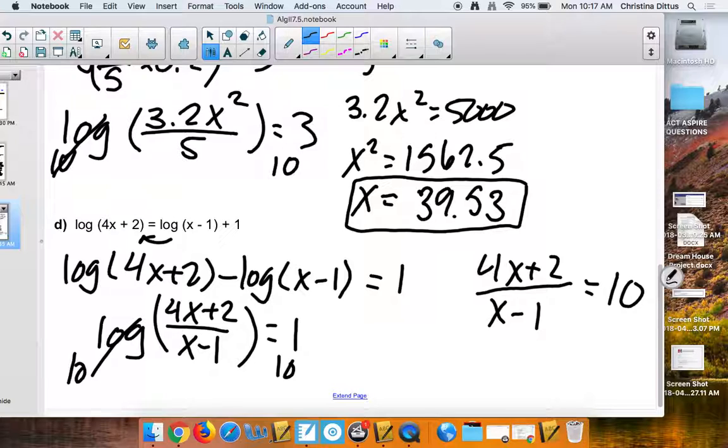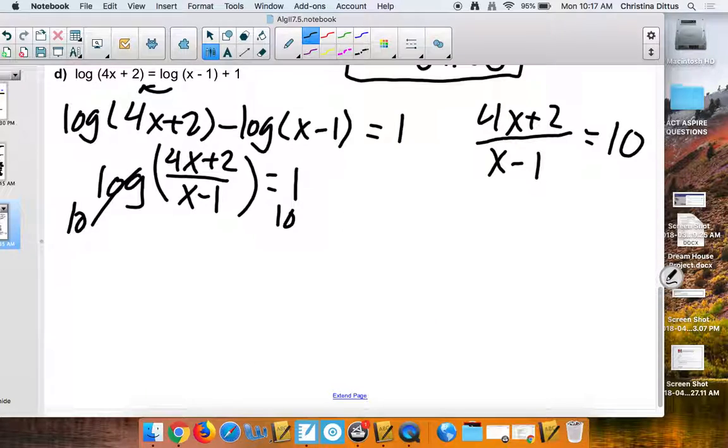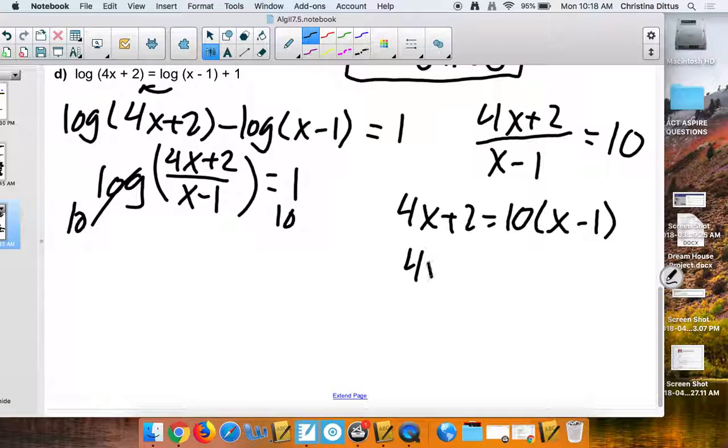Oh boy. How do I solve? Times x minus 1. It is not just 10 times x minus 1. Your 10 needs to be distributed. 10x minus 10.